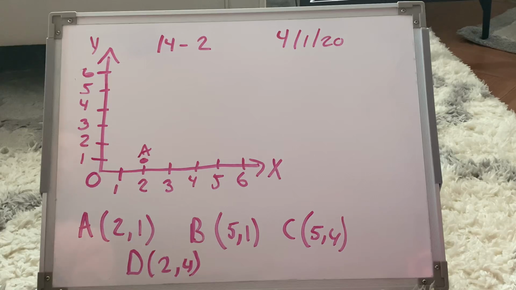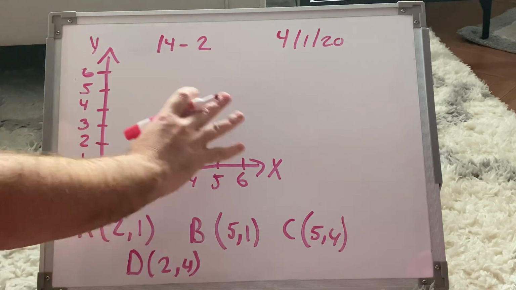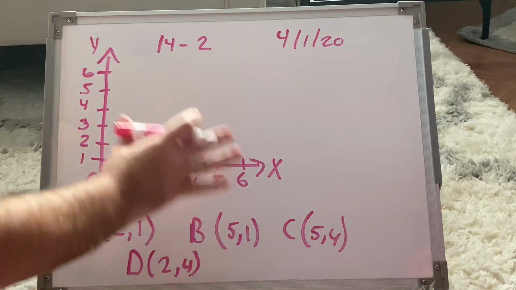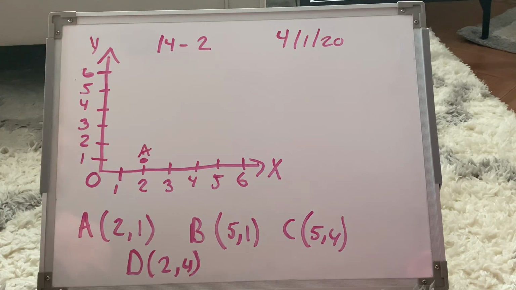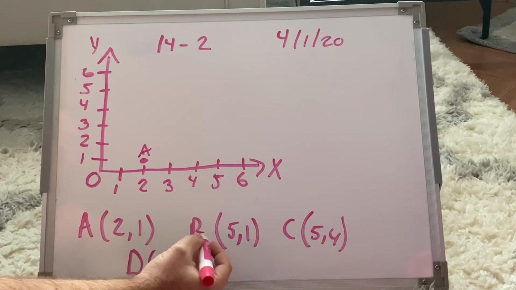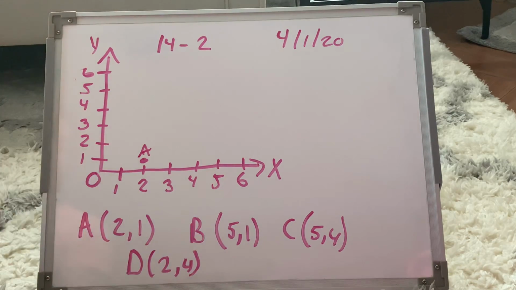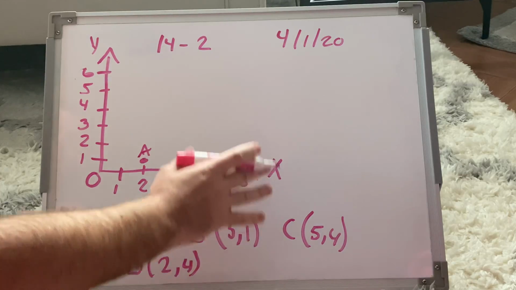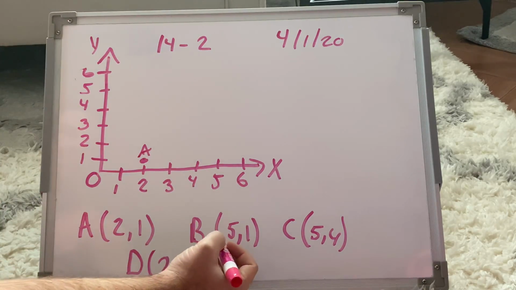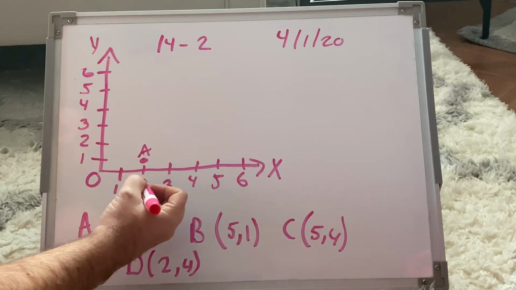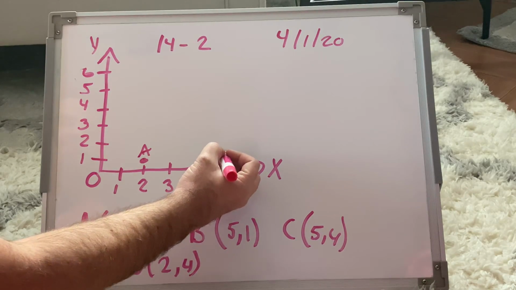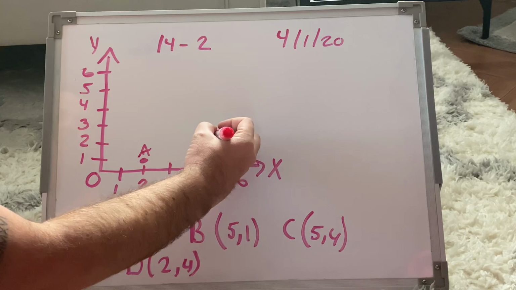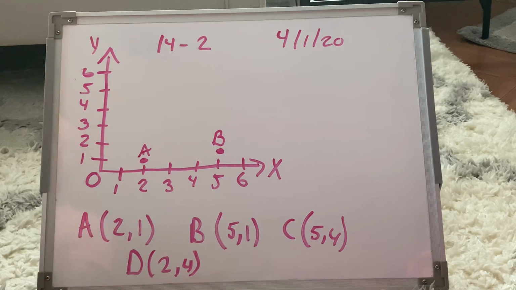For example, when I give you the next one, 5, 1, you could pause the video and try to plot it out yourself before you see how I did it, to give yourself some practice, okay? So B is gonna be 5, 1. We're gonna run before we jump. So we're gonna run 5, 1, 2, 3, 4, 5, and we're gonna go up 1, and this is gonna be plot B.